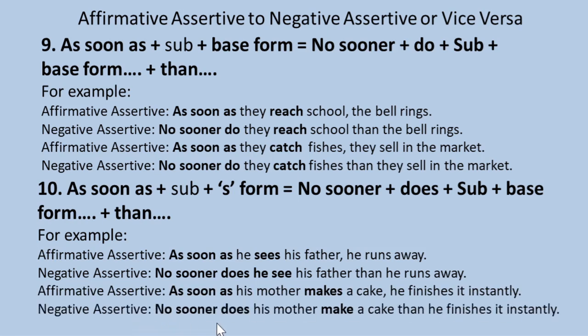Negative assertive: no sooner does his mother make a cake then he finishes it instantly. So look at the structure. As soon as subject S form, no sooner does subject base form.